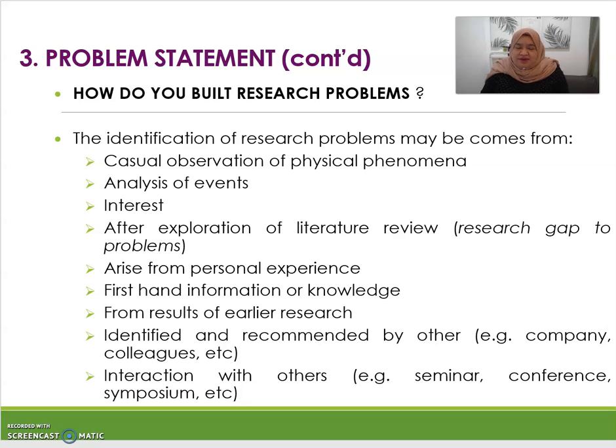For example, you have an interest in looking at why the Industrialized Building System, IBS or BIM, can be utilized in the Sarawak construction industry, for instance. And exploration of literature review, where you find the gaps of the problem, and then it may arise from personal experience, first-hand information, and so on.